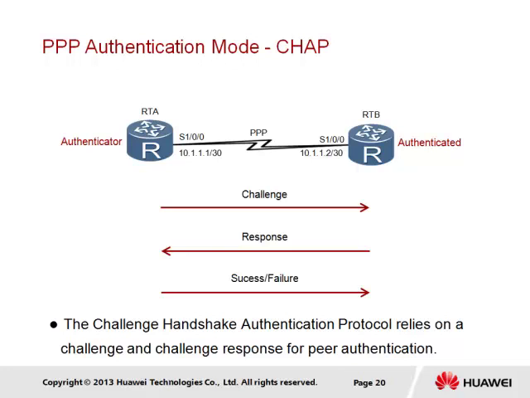Instead, CHAP relies on a challenge and response process that uses a value that is referred to as a secret, comprised of the secure password and other values such as the user ID that are used to generate a hash value. This is used as the response and returned to the authenticator that will verify the response by generating a second hash value and comparing both results. If the values match, the authenticator will notify the peer of its success or failure where the values are different.